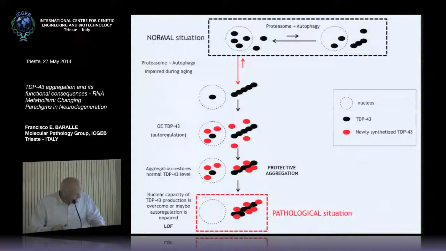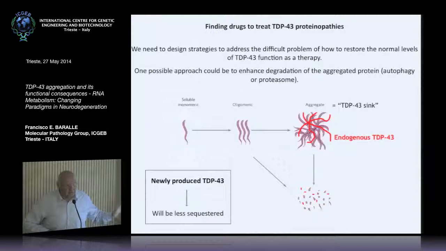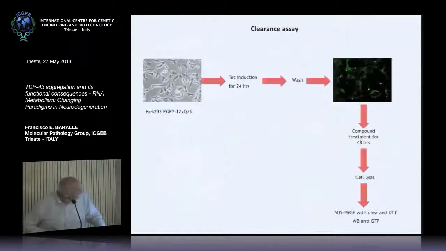So this is the model of how it works. We think that one can interfere with it. I am not going to bother because we don't have much data on this, but there are some compounds that do work in dissolving the aggregates. I don't know if for a patient it will be good or bad. We'll see how good it is for the flies, but we are doing that.